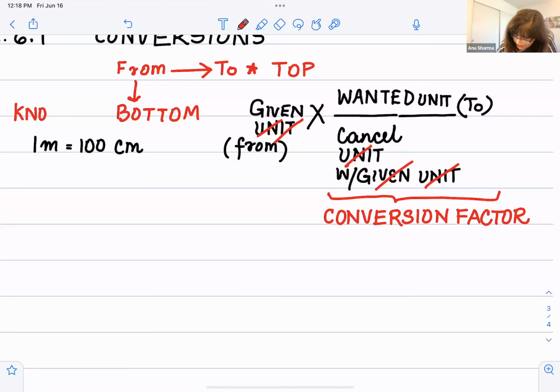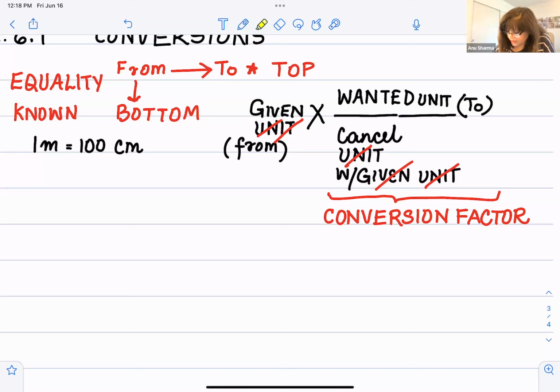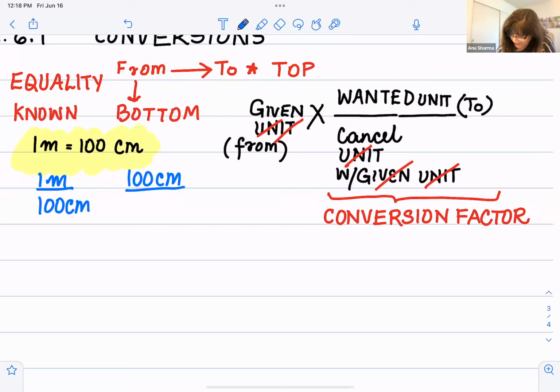The equality that is known will form the conversion factor. So what are the two conversion factors? This is going to be 1 meter over 100 centimeters or 100 centimeters over 1 meter.